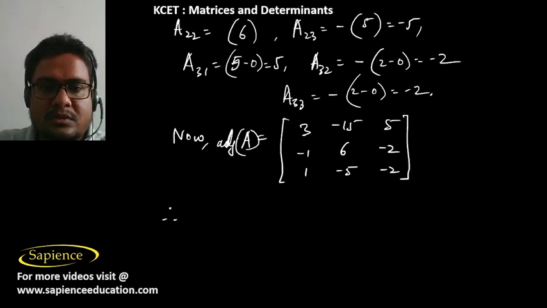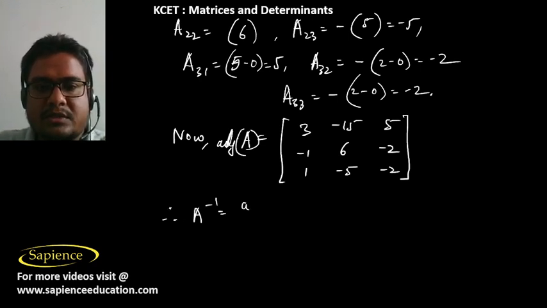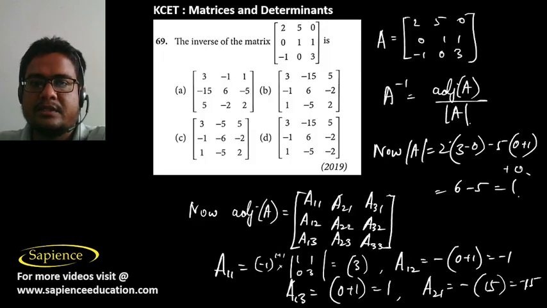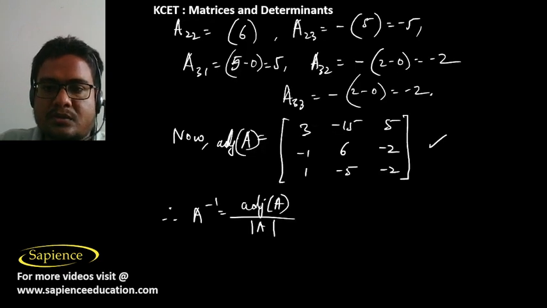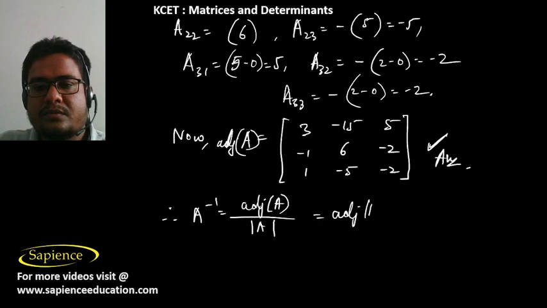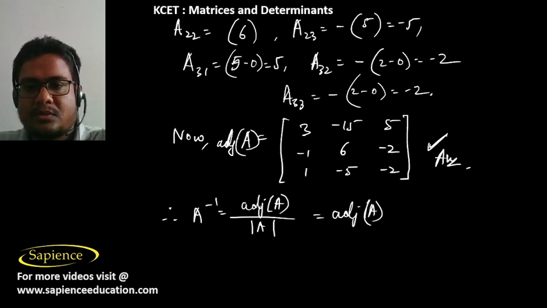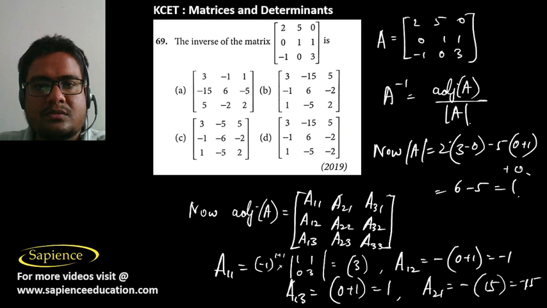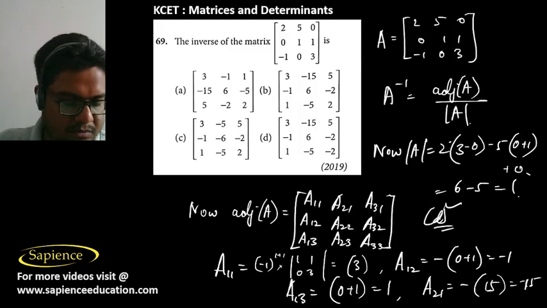So now the inverse of matrix A is the adjoint of A by the determinant of A. Now the determinant of A is 1, so the adjoint itself is the inverse. So this is the answer, which is equal to the adjoint of A, since the determinant of A is 1. That is the option with minus 15, 6 minus 5. Option D is the correct answer.